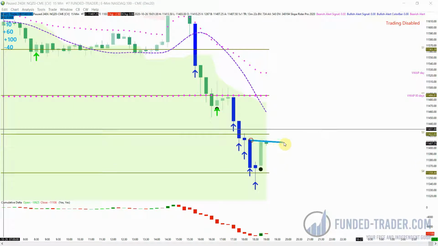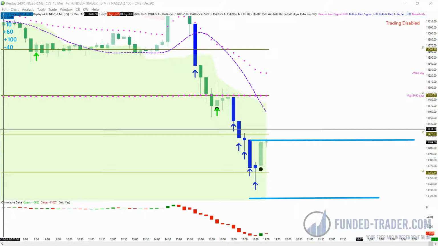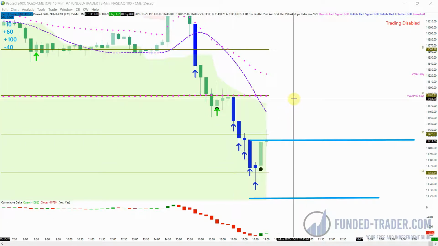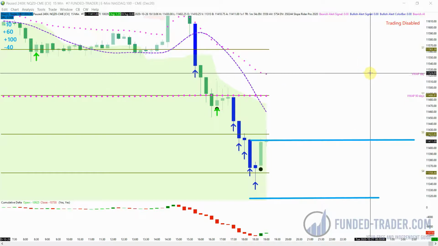So let's draw a line here. All right, let's say we enter at 11,410 and the stop loss 11,320, almost 100 points. Let's take a look. And the target definitely mid of day or VWAP 90 days, VWAP for the day.